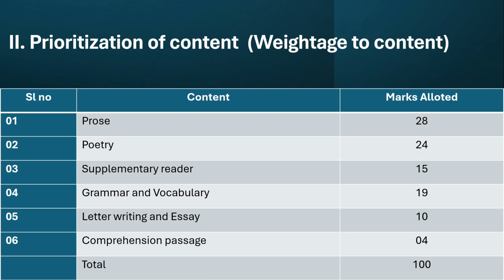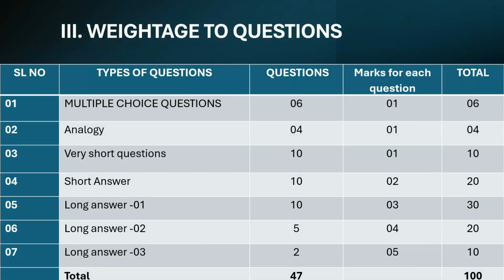Moving ahead, we will take a look at weightage to questions. In this, you will have type of questions, marks for each question, and total. First thing that we'll have to take a look at is multiple choice questions. You have 6 questions and you can score 1 mark for each, a total of 6 marks. Second thing we'll have to look into is analogy.